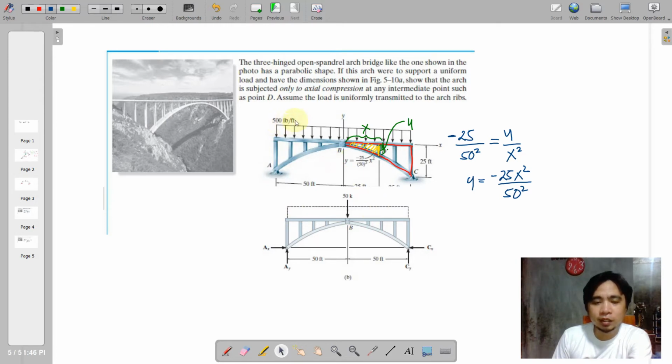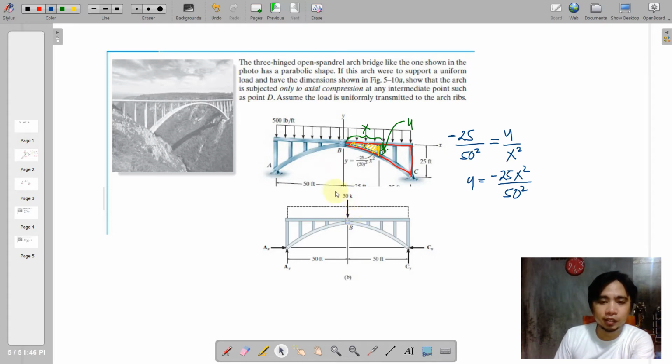And this 500 pounds per foot can be resolved into its resultant, that is 500 times 100, and that is actually 50,000 pounds or 50 kips, because 1,000 pounds is 1 kip.